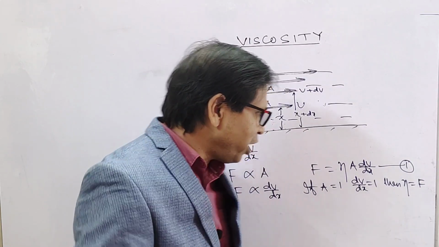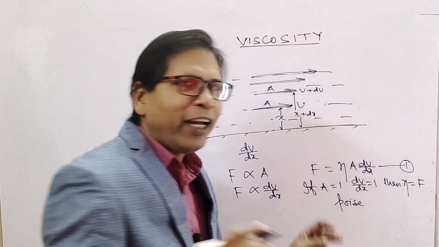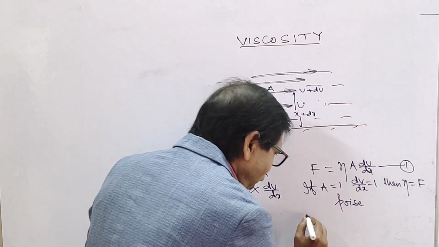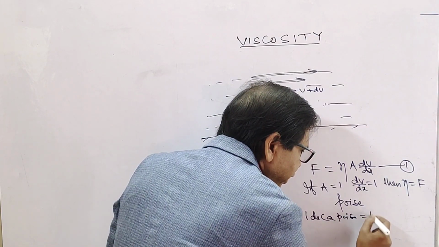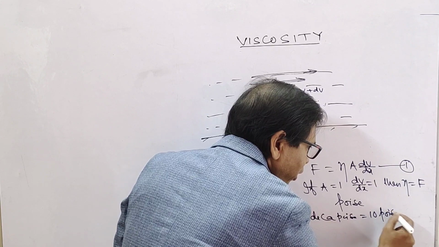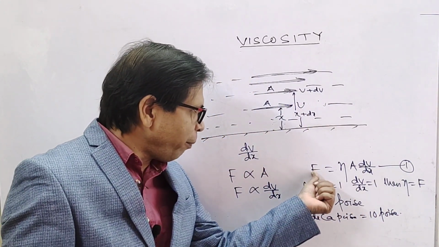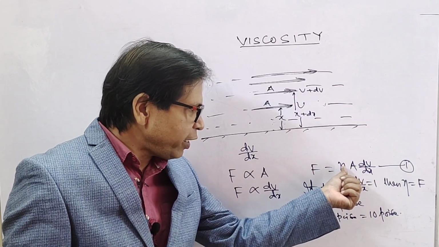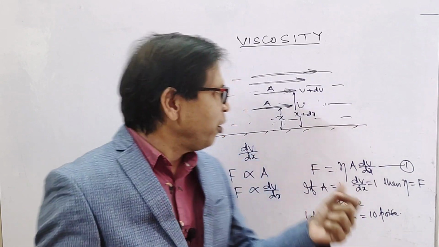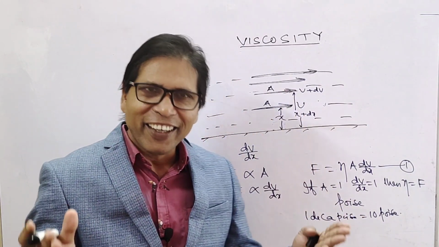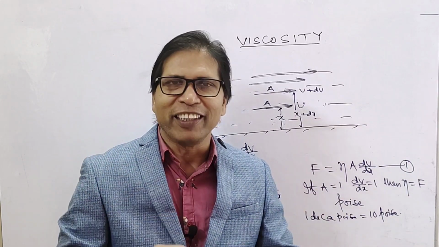Its CGS unit is poise and SI unit is decapoise. 1 decapoise is equal to 10 poise. Okay, understood? Now the ratio F by A equals eta dV by dx is called the shearing stress between two liquid layers. Okay, understood? Now a numerical based on this.